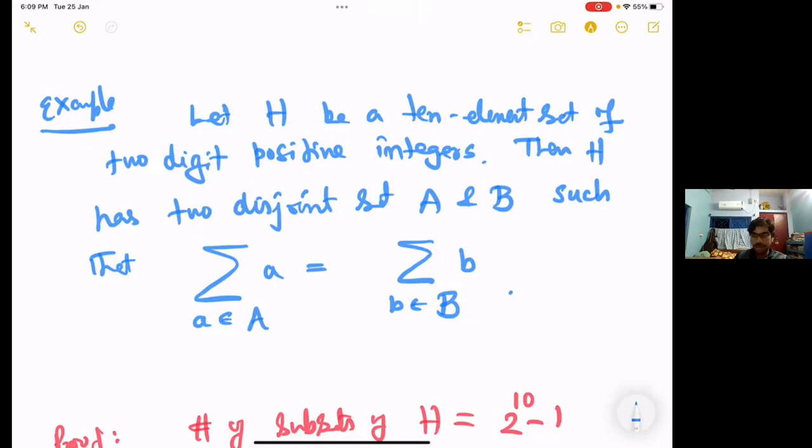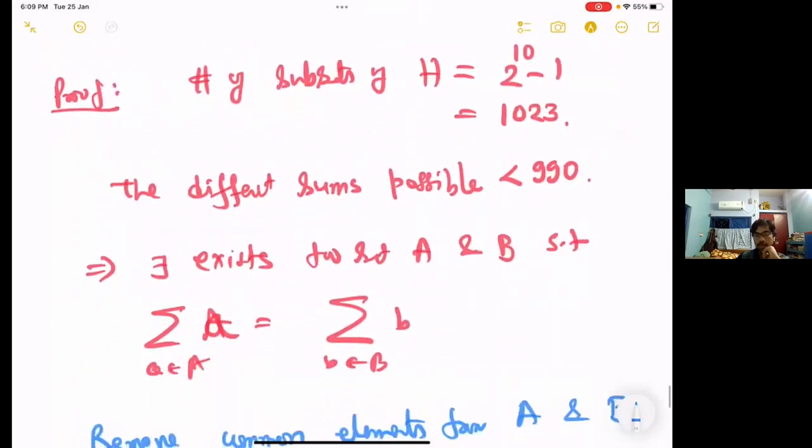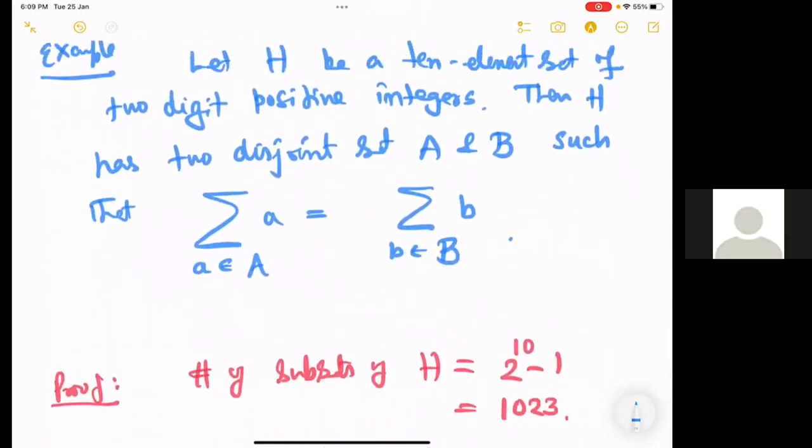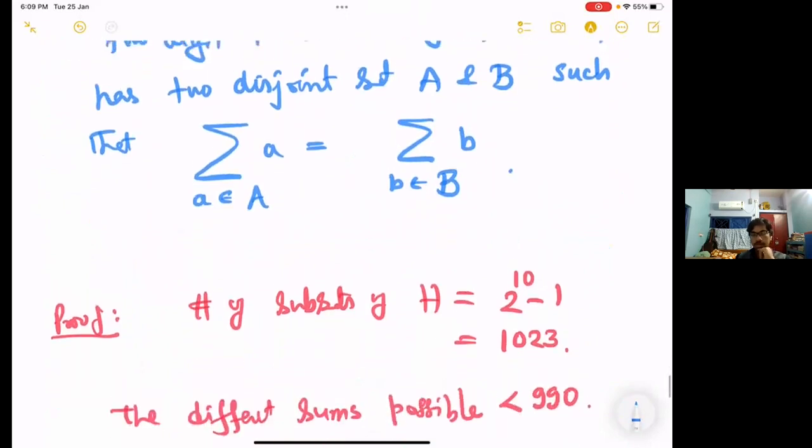Is it even true that if A union B equals H, then this will be satisfied with the additional constraint? All the conditions are the same, plus A union B should be H. Not sure.